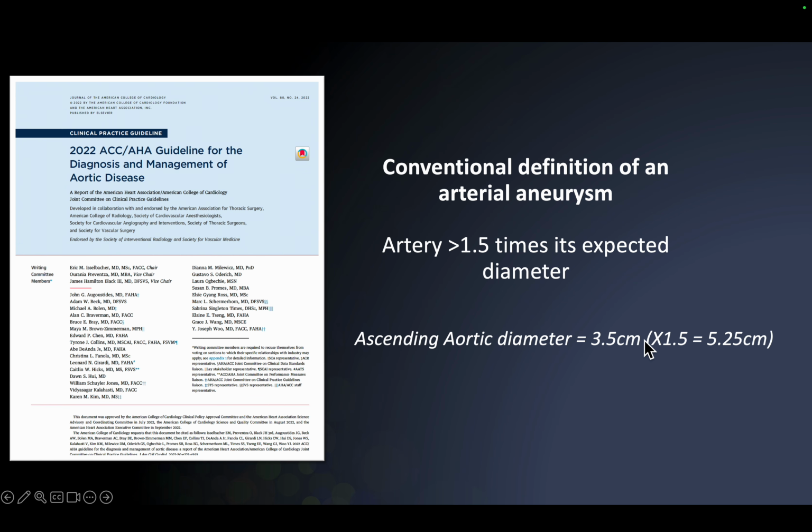Here, if we say the normal is 3.5 and multiply by 1.5, it goes beyond 5 centimeters before we say this is an aneurysm. And if we wait until that time, the chance of rupture of the aortic root is very, very high, particularly in disorders like Loeys-Dietz syndrome.